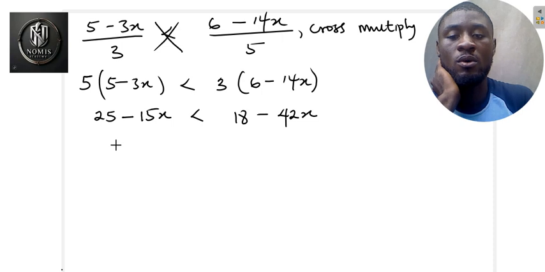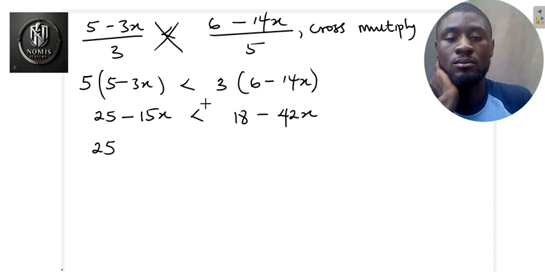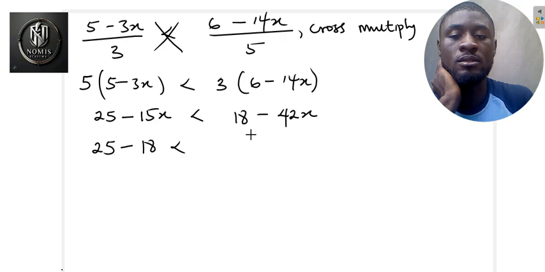So when we collect like terms, we have 25. Then this 18, when it comes here, becomes minus 18, less than, still remains, we have minus 42x. Then this minus 15x, when it goes to the other side, becomes plus 15x.